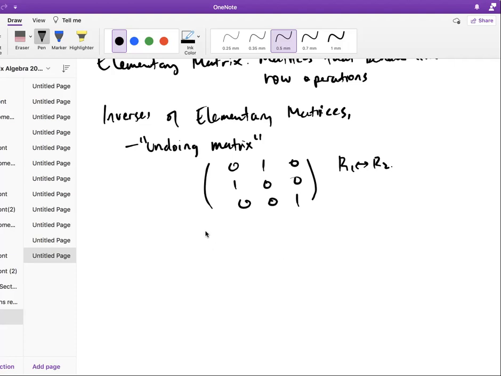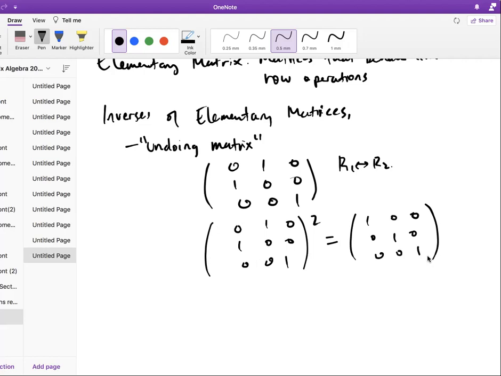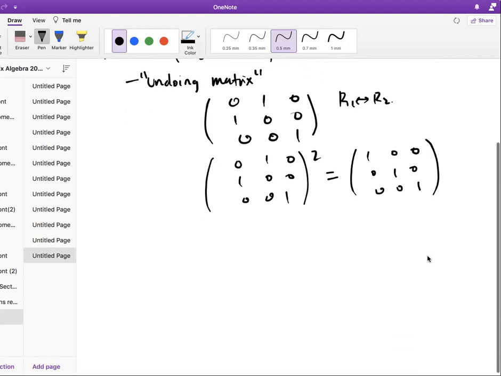Swap back, yeah. And I don't need to calculate that because we should know intuitively, right? Doing 2 swaps does nothing, as long as it's the same swap, of course. You can't swap 2 different things and get the same thing back.